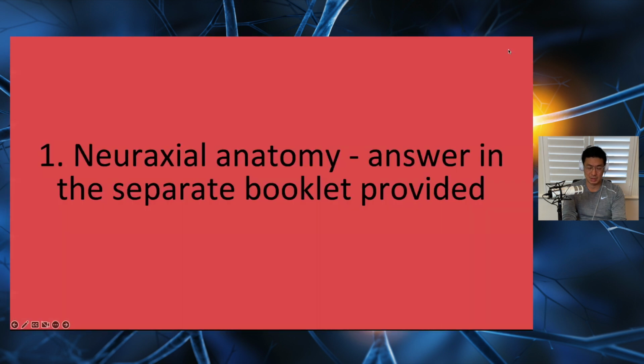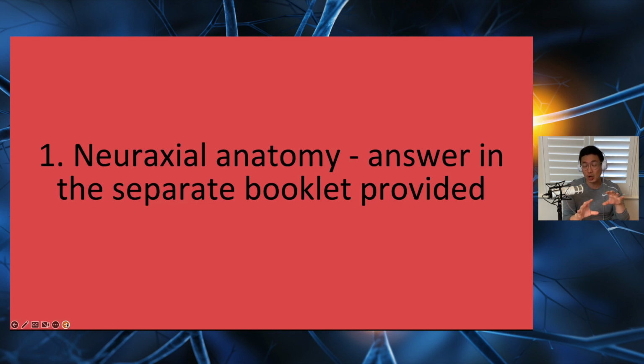So the first one, number one, neuraxial anatomy, answer in the separate booklet provided. Now, when you posted this up, Stan, I was like, what is this? This was a bit of a mystery to me. I gotta be honest. This one here was all they had for question one on that 15-minute perusal time. So you didn't actually get a chance to prepare anything beforehand, other than what was said before, in terms of what you could label on a longitudinal cross-section, which we've seen in the past.